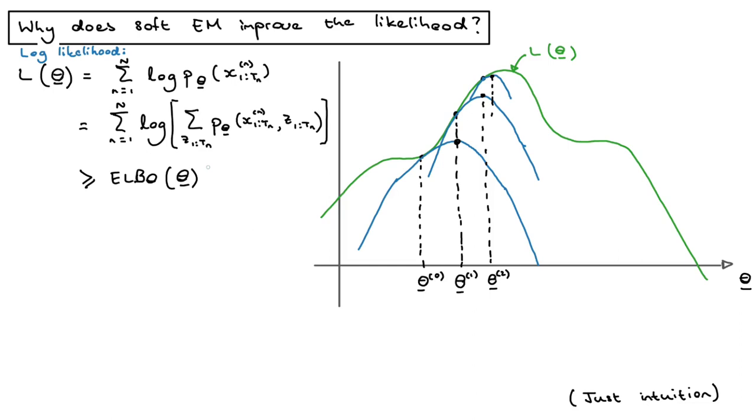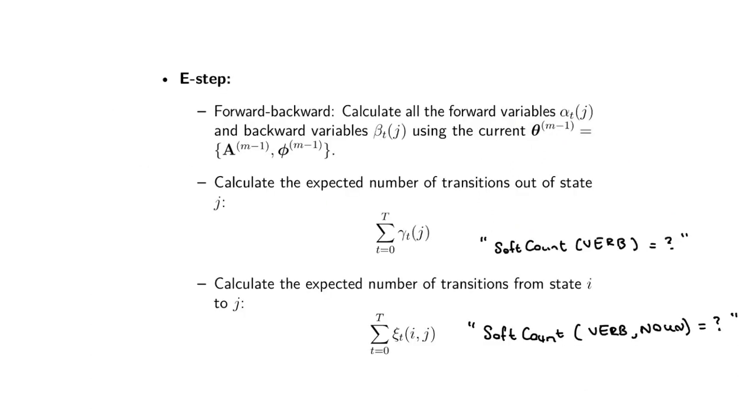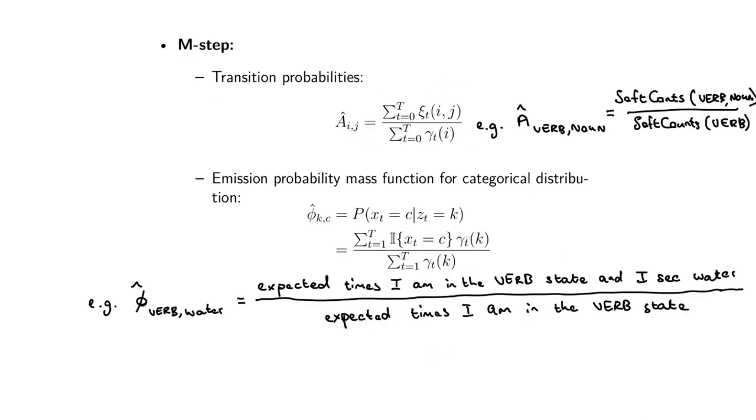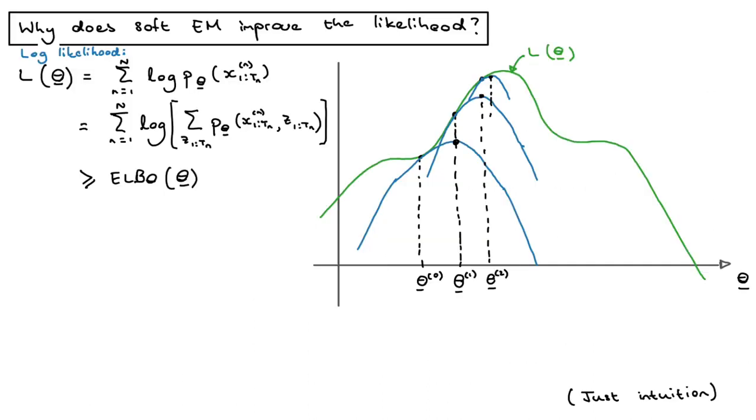And I should say that if you go through all the steps, derive the ELBO and maximize it with respect to your transition matrix and your emission distribution parameters, then you end up exactly with these equations that we saw before and that I explained intuitively for hidden Markov models. You end up with exactly these equations for the E step and these equations for the M step. So I hope you've got an intuitive feel for why soft expectation maximization improves the likelihood.